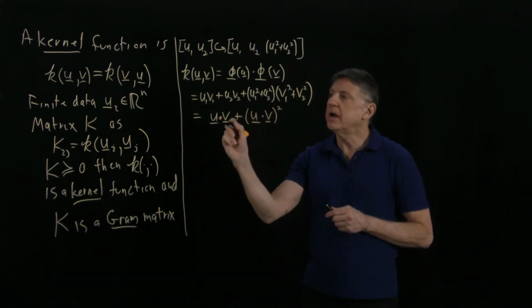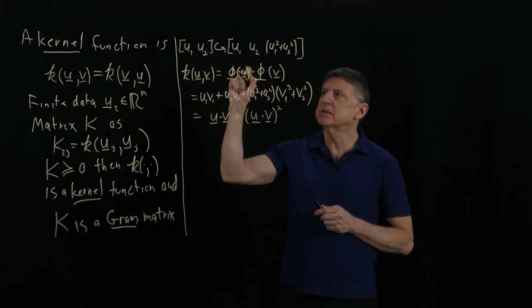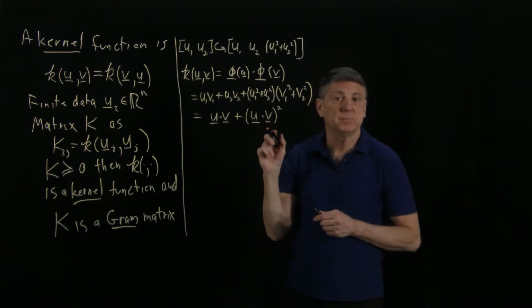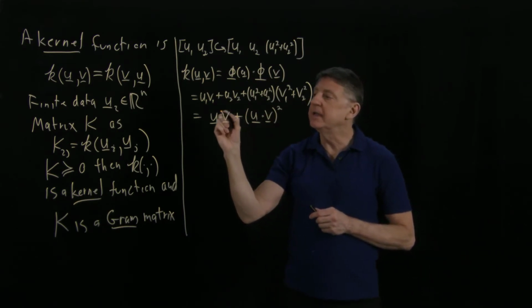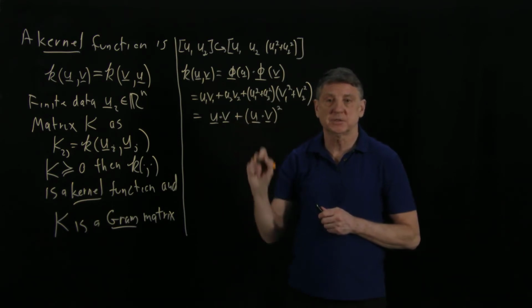So I can compute the dot products of these embeddings, and I don't actually have to do the embedding. All I have to do is this particular computation on the original observations.